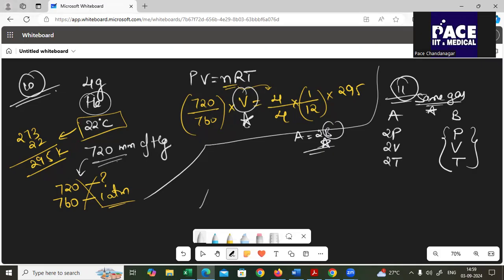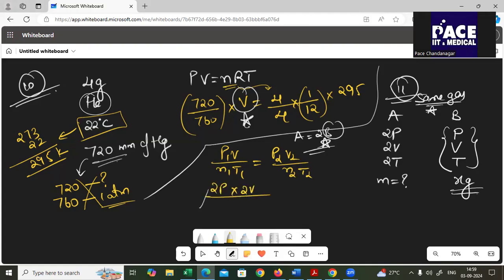And also it is being said that if the mass of gas B is X grams, the mass of gas A will be how much? So let me use the same thing again, same gas it is saying. So P1V1 by n1T1 equals P2V2 by n2T2. So P1 will be my 2P into 2V by n1, the number of moles, which I don't know. Number of moles is given mass by molar mass.